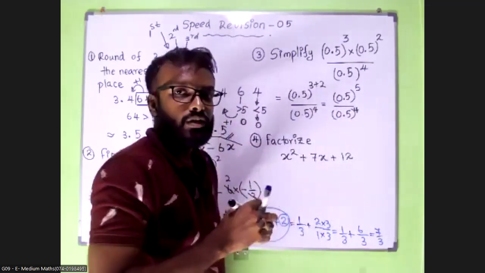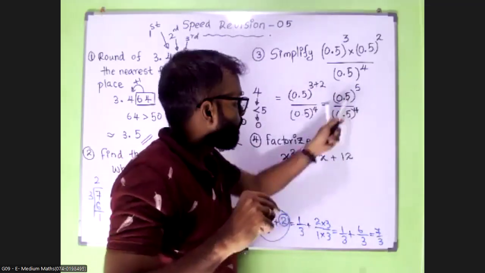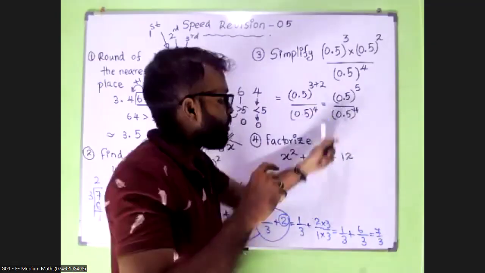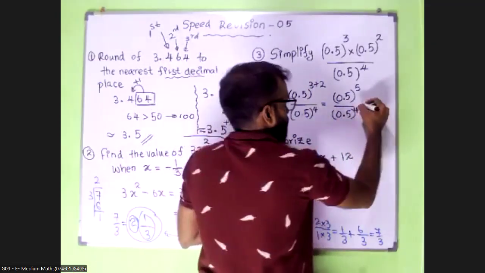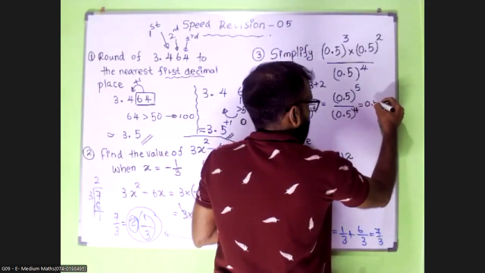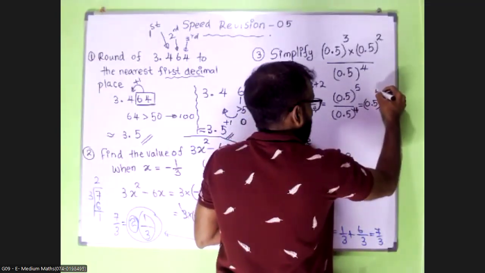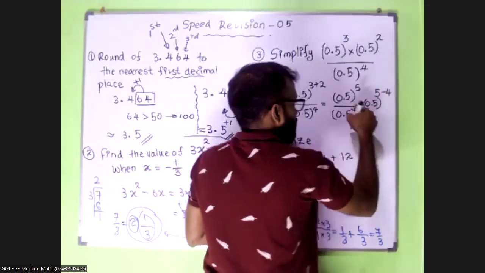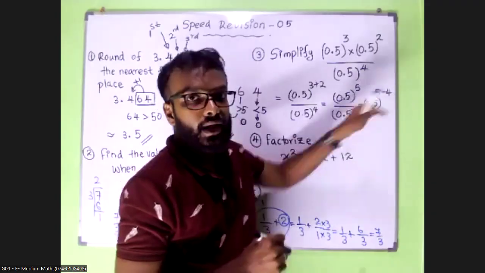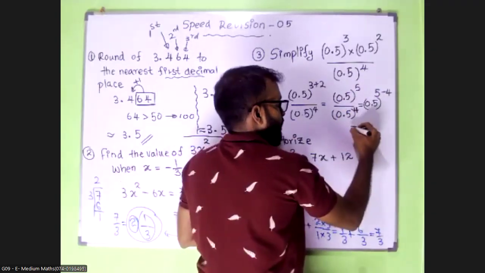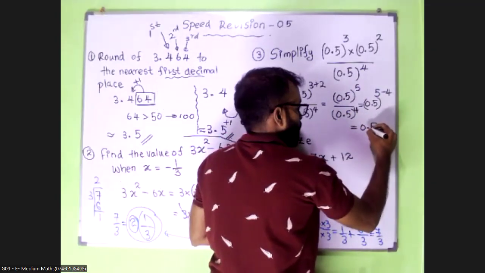Numerator and denominator have the same base, so you can subtract the powers: 0.5 to the power 5 minus 4. Final answer is 0.5.